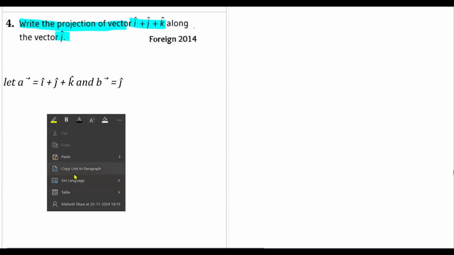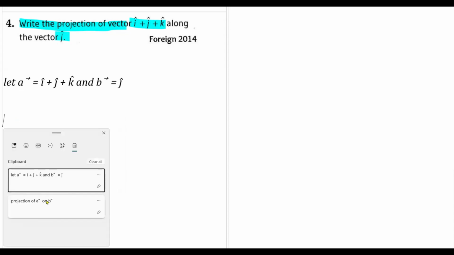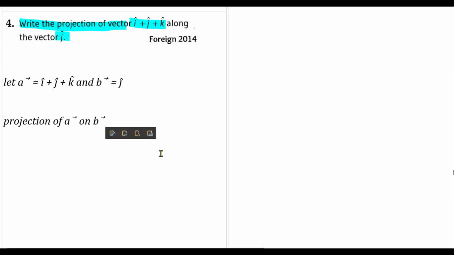If we have to find the projection of A on B, it is given by A dot B divided by B magnitude. And why so? Because we are getting the projection on B. Had it been the projection on A, we'd be dividing by A magnitude. But over here, we have to get it over B.